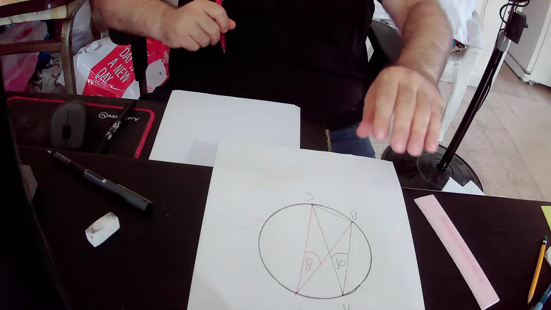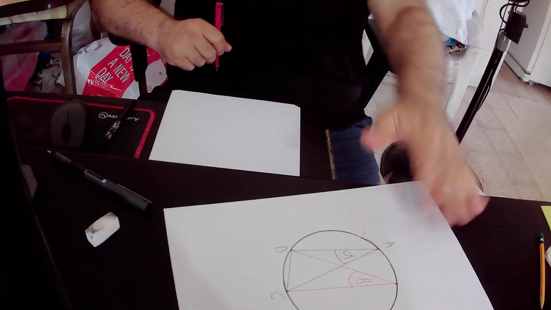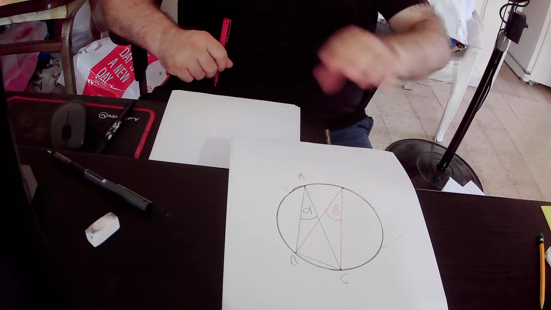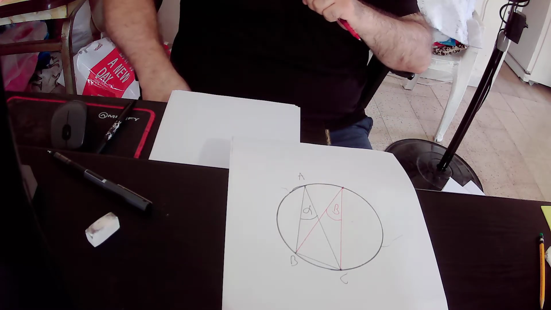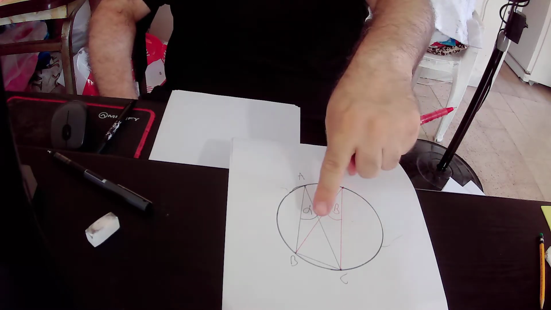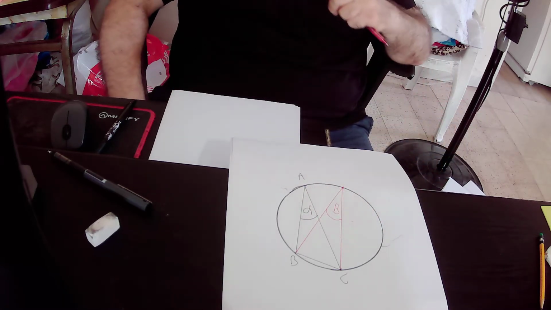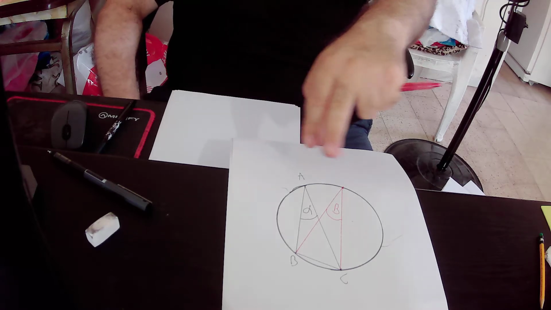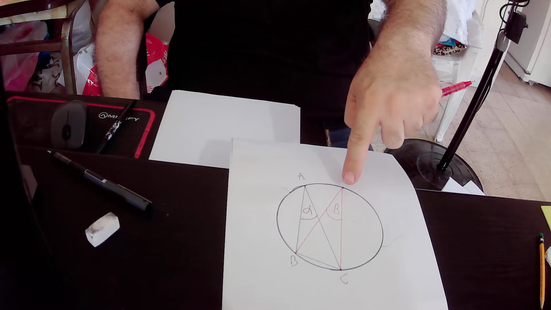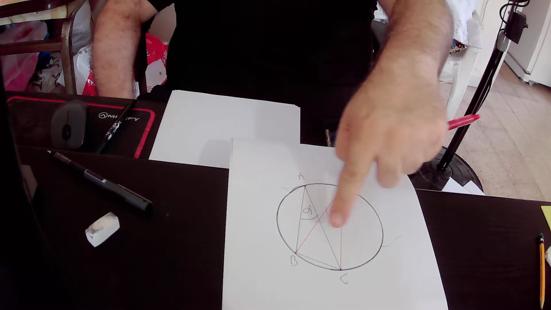As you can see from the drawing, angle beta also rests on chord BC. So both angle alpha and angle beta rest on the same chord BC.